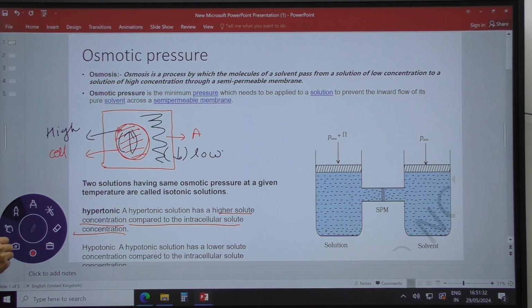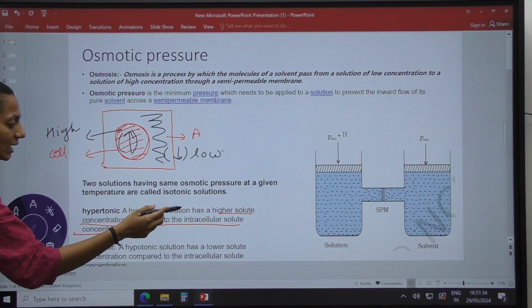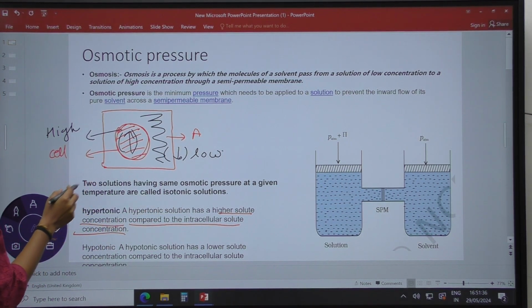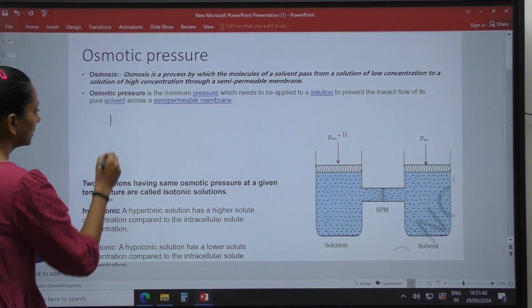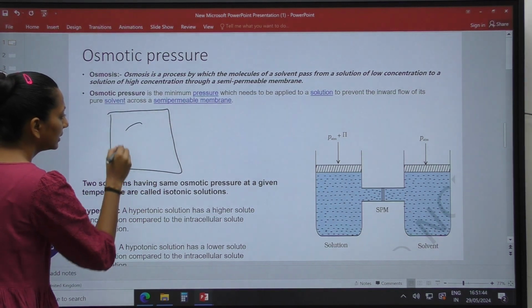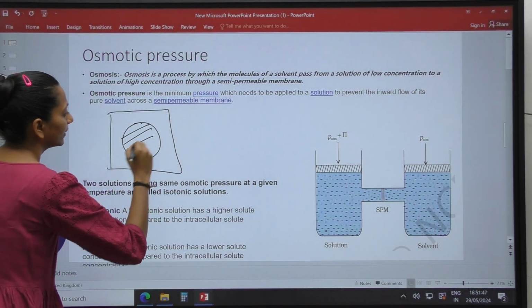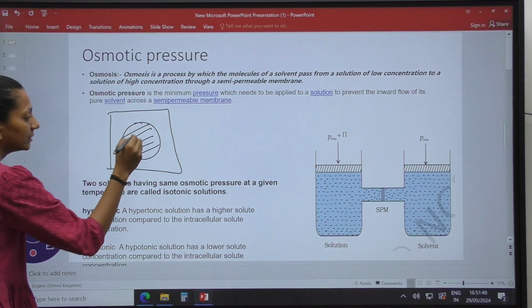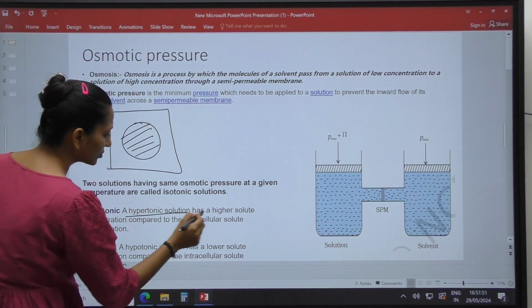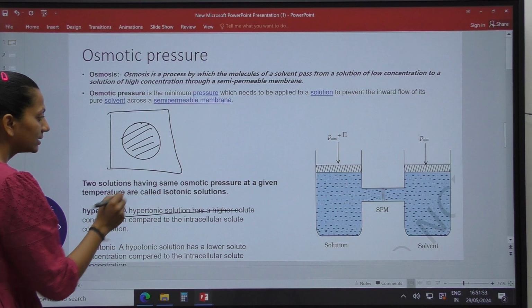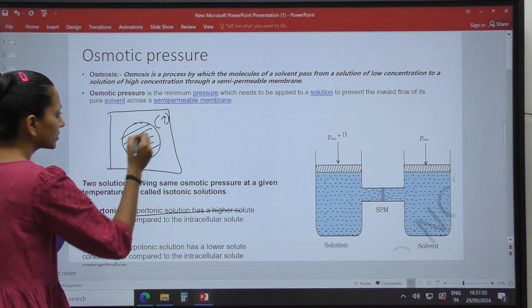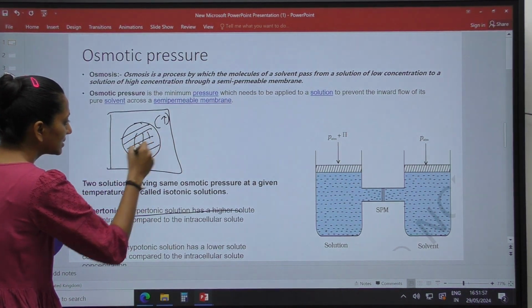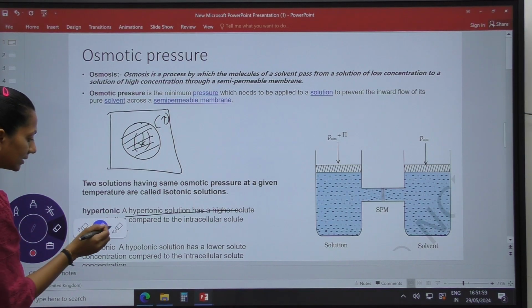A hypertonic solution has a higher solute concentration. This is the cell, with the intracellular space.